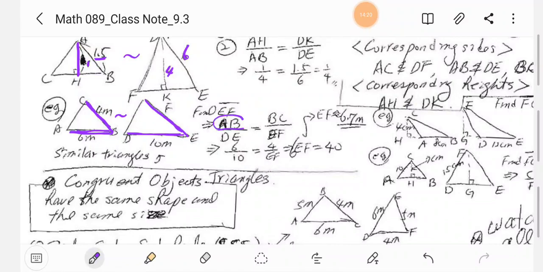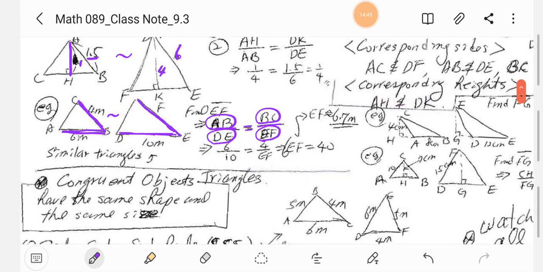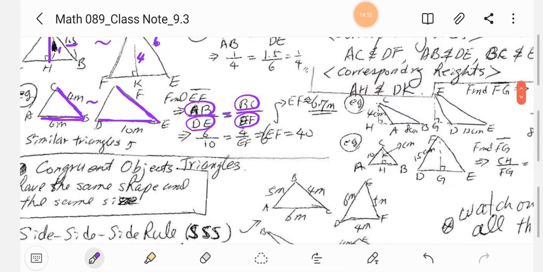AB is the first triangle. DE is from the second triangle. So this one should be equal to the length from the first triangle to the length of the second triangle. Then I solve for the unknown, replacing these variables with the lengths.